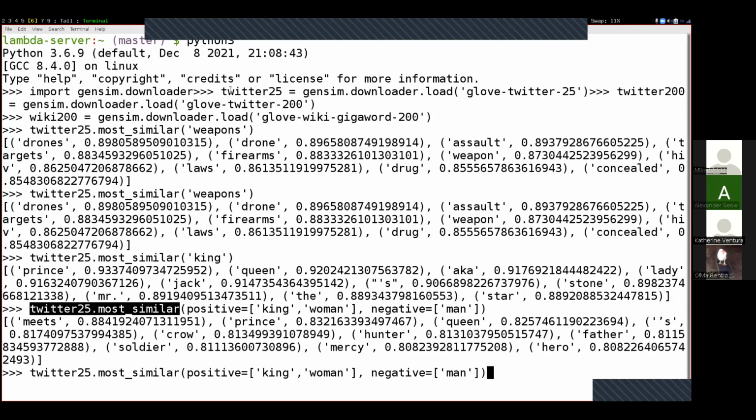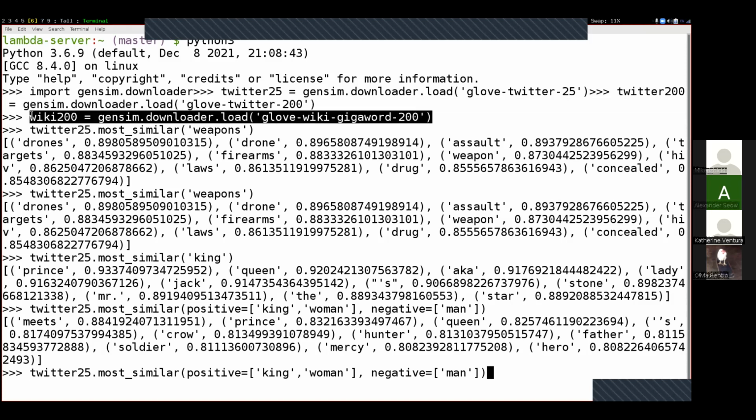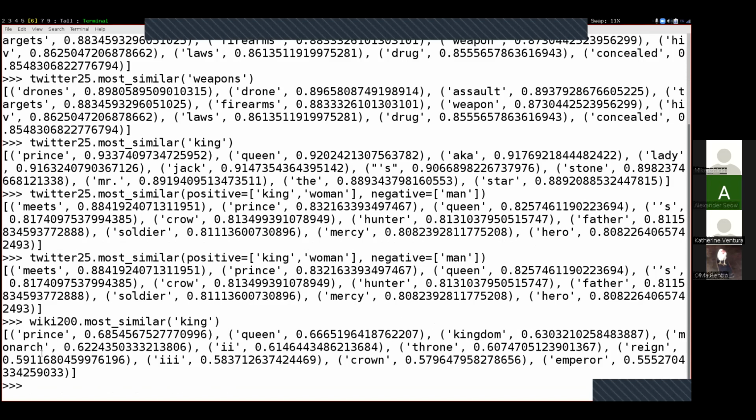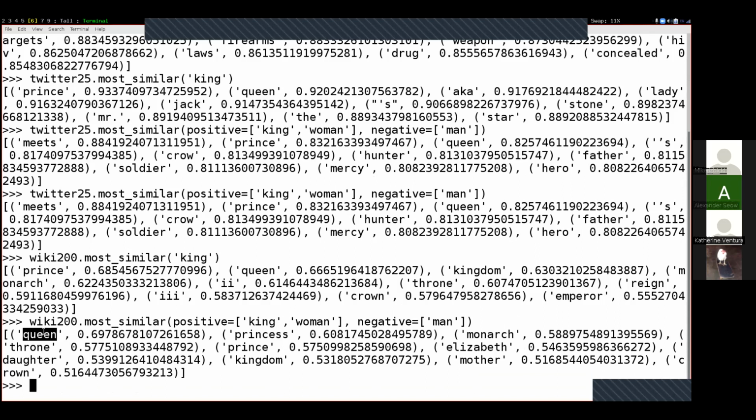But I have two other models loaded here besides the Twitter 25 model: this Twitter 200 and this Wikipedia model. If we look at the Wikipedia model, wiki 200 dot most_similar of king, we get similar results: prince, queen, kingdom, and so on. But now if we do the actual math part, positive equals king, comma, woman, and negative equals man, then we're getting queen out as the most similar.